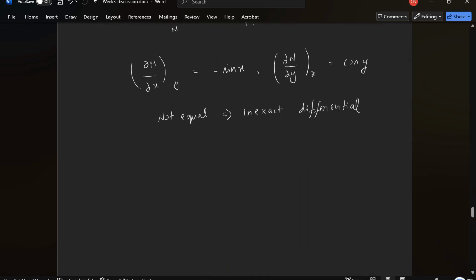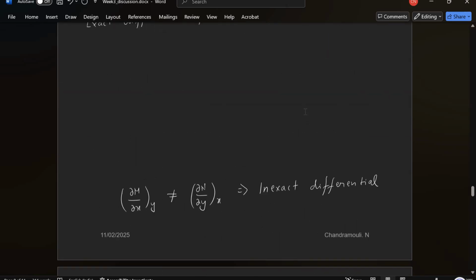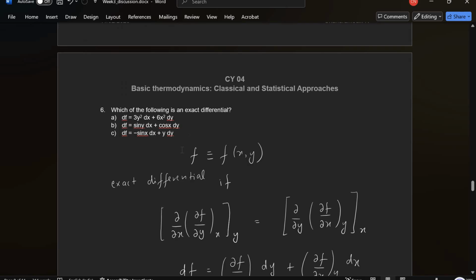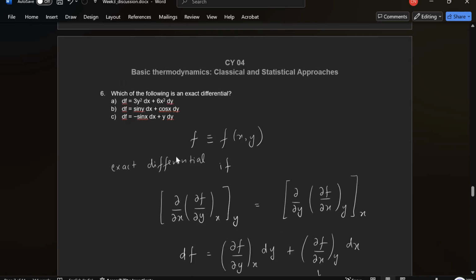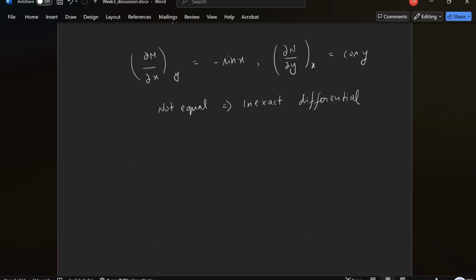Let's see. df is equal to minus sine x dx plus y dy. So now this is M, and this is N.